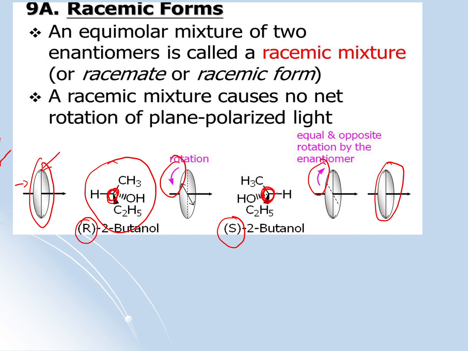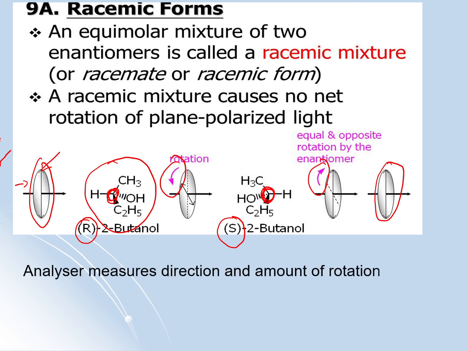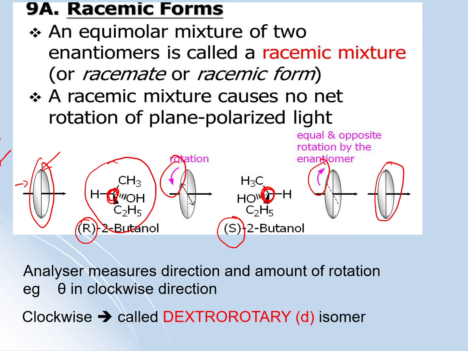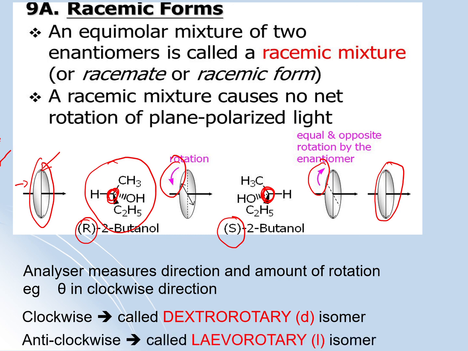But you have a mixture which is optically inactive. The one that rotates it clockwise is called dextrorotatory, or the D isomer. The one that rotates it anti-clockwise is levorotatory, or the L isomer. Now you don't have to know that for A level. You don't need to know the difference between D isomers and L isomers, so don't worry about that.